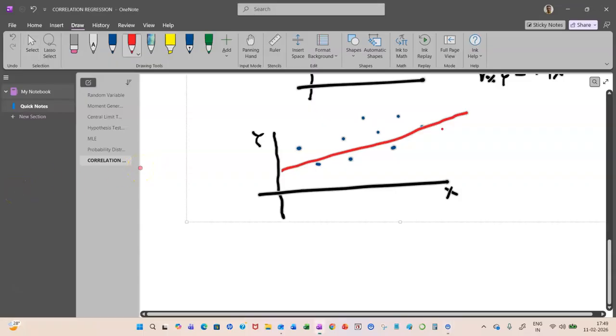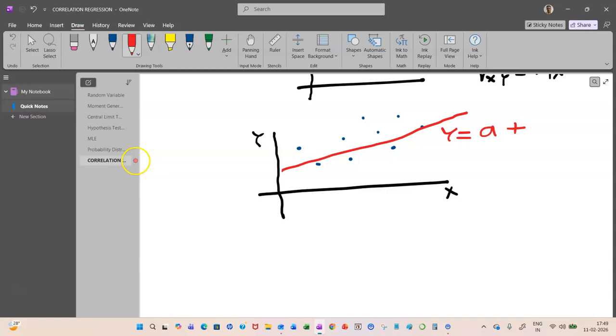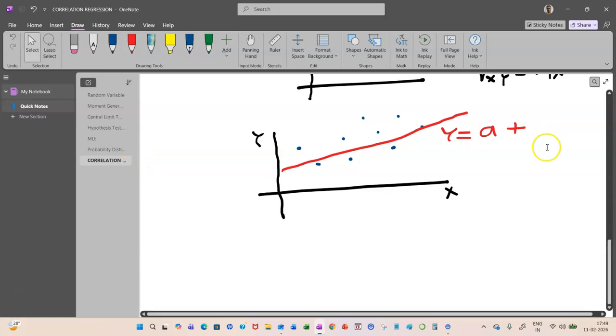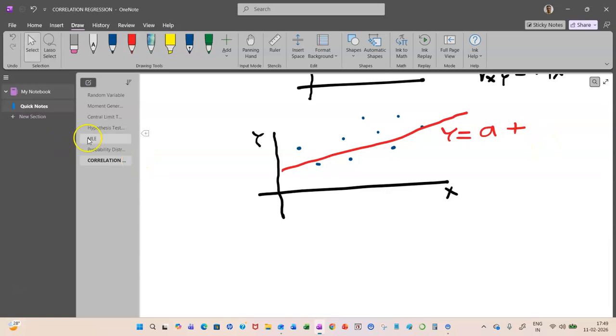We can write it as y is equal to a plus bx. Given the data set of n pairs of x and y, how do we find a and b?